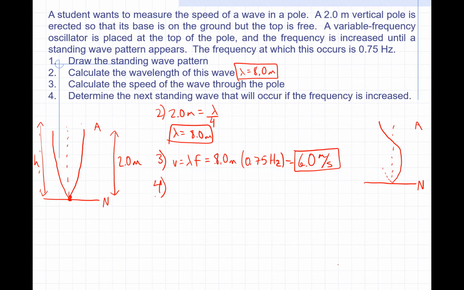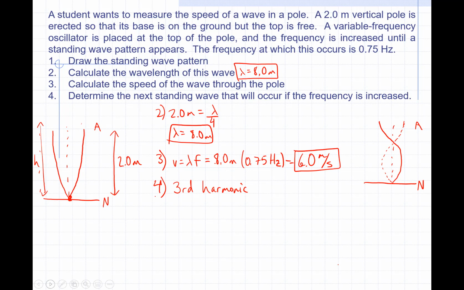If I did it the opposite direction, it would look like that. So that's going to be the third harmonic. We can't have the second harmonic because the second harmonic would have a node at the other end, and it doesn't have a node at the other end, it has an antinode.